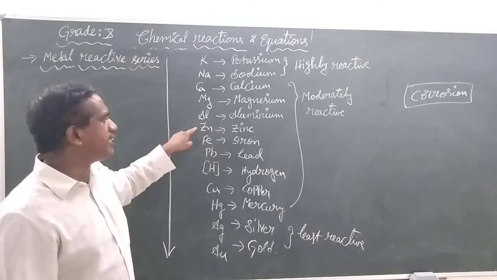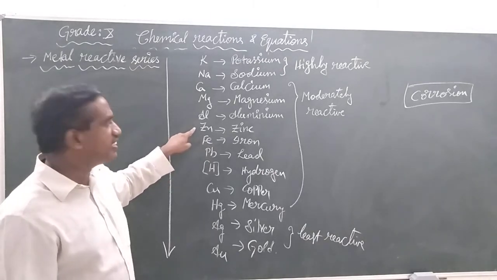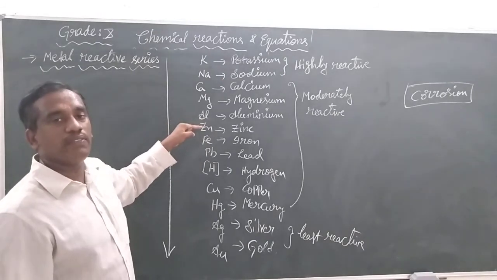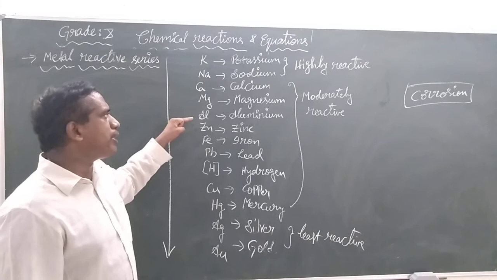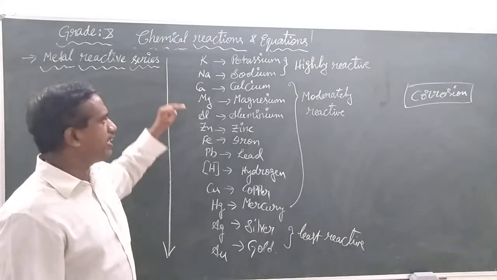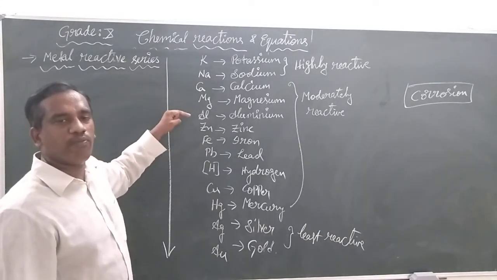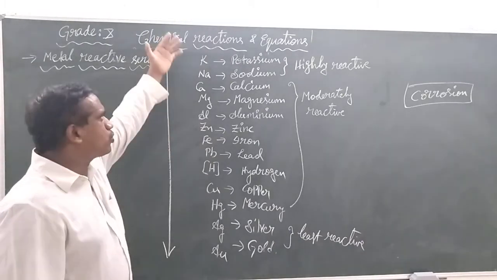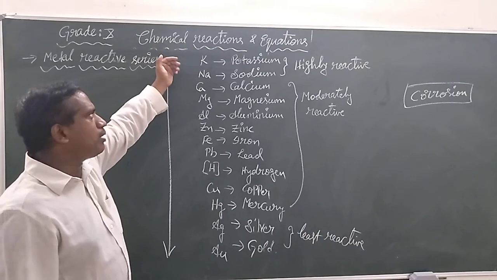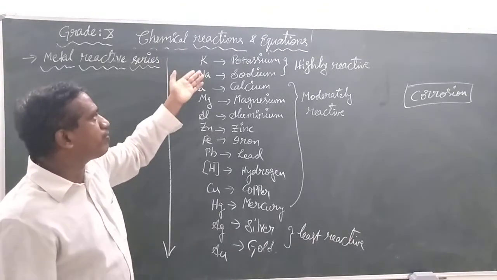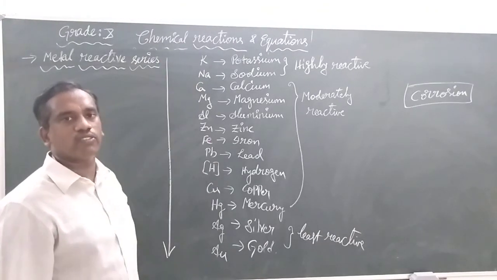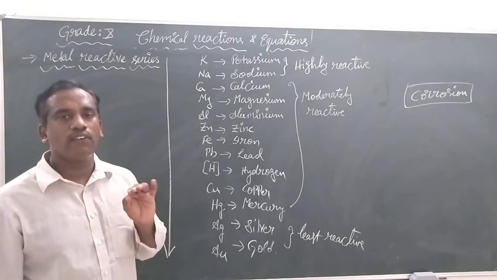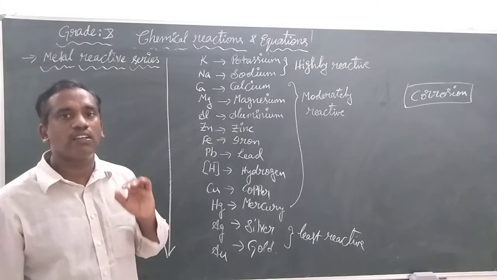If you take iron and zinc, zinc is highly reactive than iron. Among zinc and aluminum, aluminum is highly reactive than zinc. Among magnesium and aluminum, magnesium is highly reactive than aluminum. So you can say now, among all the metals in the given list, potassium is highly reactive than any of the metals. So it can readily react with water, or it catches fire.